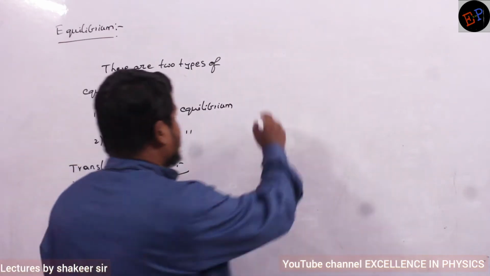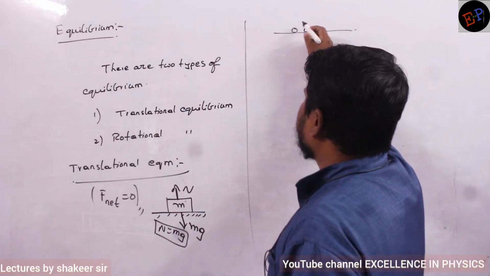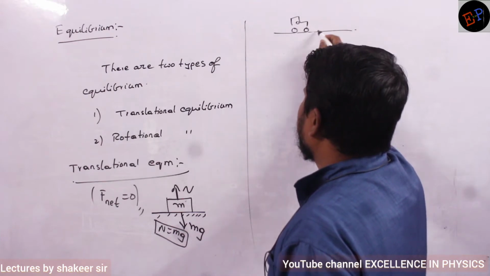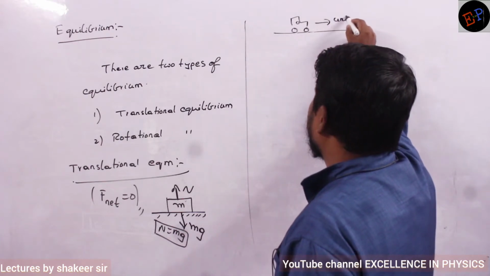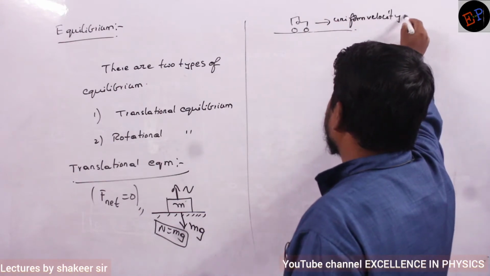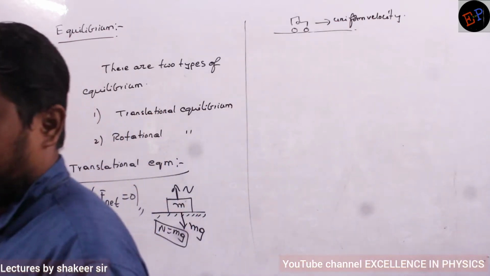Let us see one more example. So this is a jeep, which is traveling on a road with uniform velocity. Now this body, is it in translational equilibrium or not?